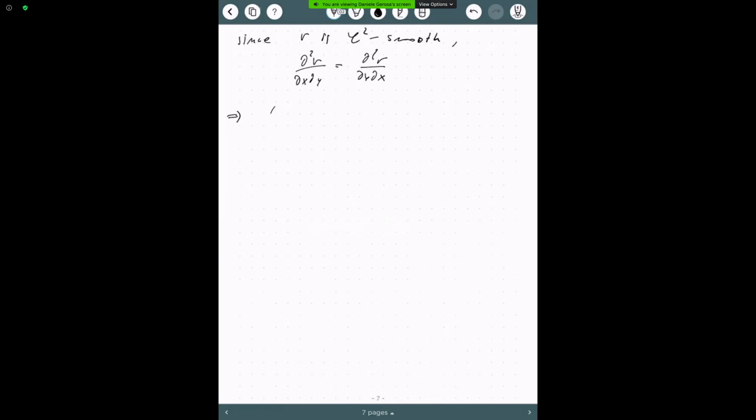And this implies that the sum, u and this is also u, is equal to 0. And similarly for v. So we proved that.